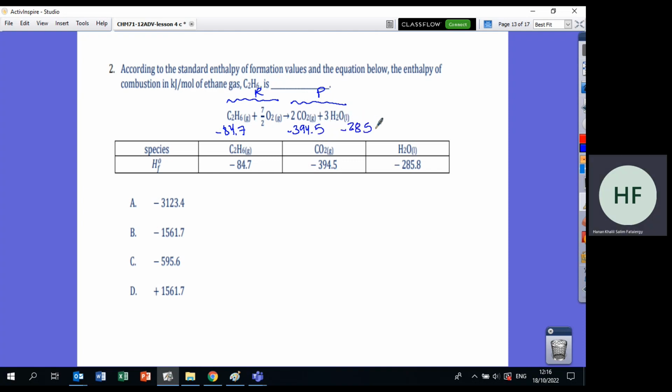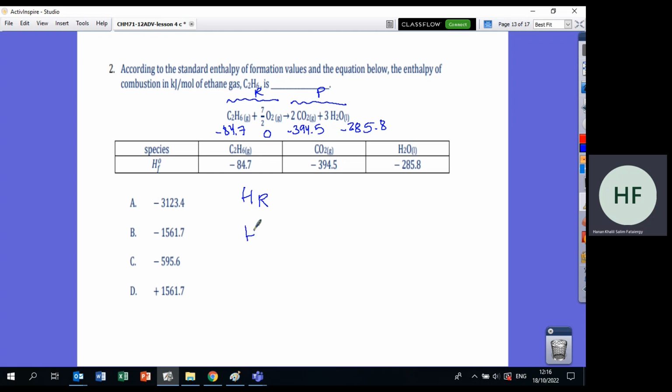H2O is minus 285.8. Now, two things I want you to be careful about. O2 is not given. Why is it not given here? Yes, its heat of formation is 0 because I cannot make it. O2 is found in nature. Now, the second thing you have to be careful about is that CO2, which means this number, should be multiplied by 2. This number should be multiplied by 3.